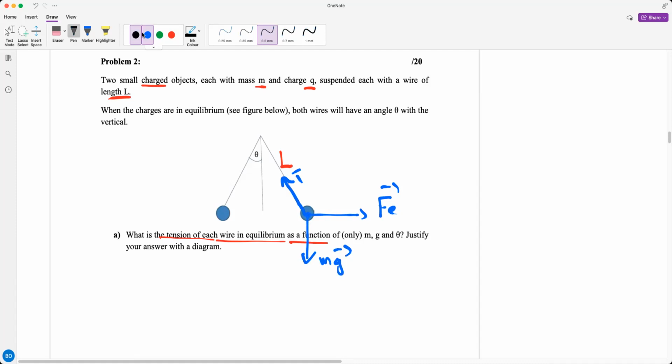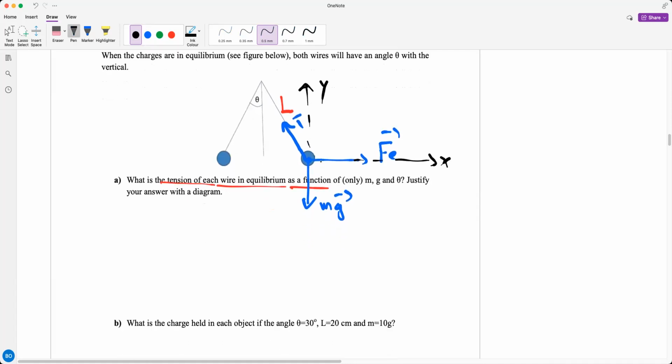Now, if I take the x-axis, this one, and the y-axis, you can easily see that if you do the projection of the free body diagram that you have learned along the x-axis, you will see that the electric force minus the tension times sine theta, this being the angle theta.